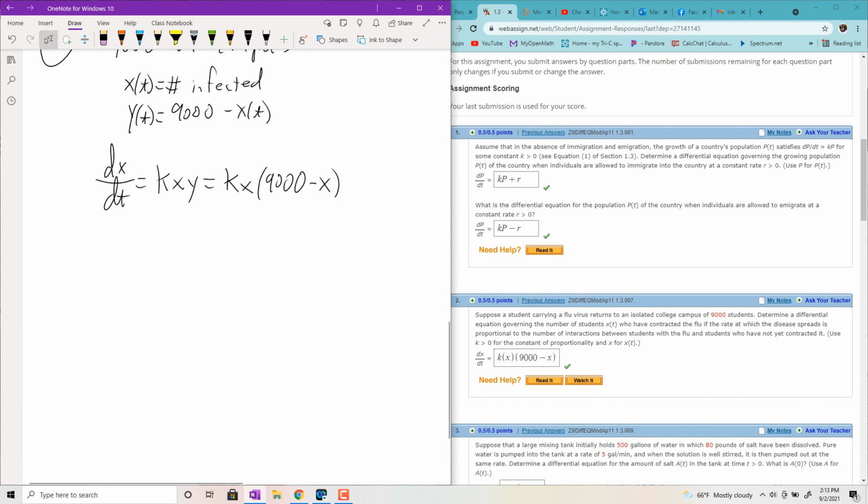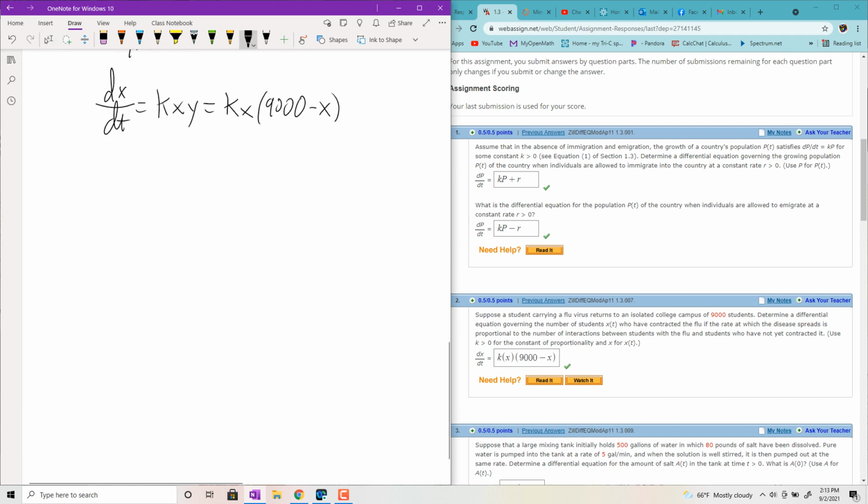Next one is mixture problems. Okay, so I guess we're on mixture. And what's happening here is you have some potentially salt water mixture, and they're calling salt water brine in the book. So brine solution coming out of this pipe and being dumped into a big tank, which is being mixed.